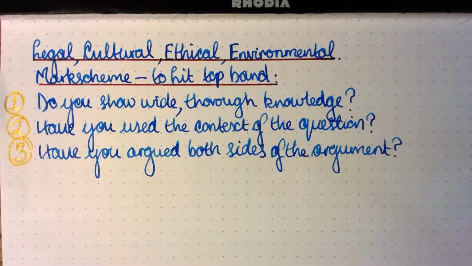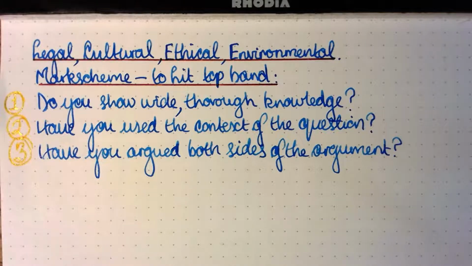Anyway, those are the 3 things, and arguing both sides of the argument. So when you're thinking about putting your answer together, have that mantra: a wide knowledge, context of the question, and both sides of the argument. I was reminded of someone who's in this chat today, and I won't mention his name because it'll embarrass him, but he could get quite impassioned about talking about one side of the argument.